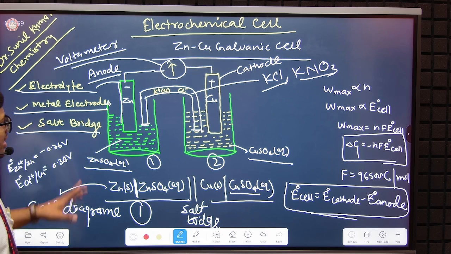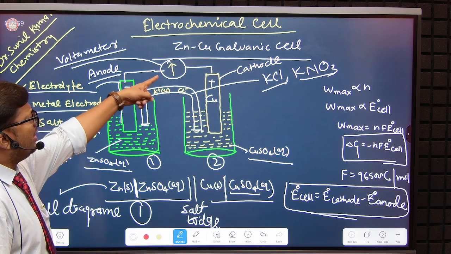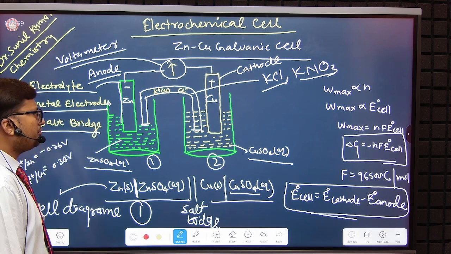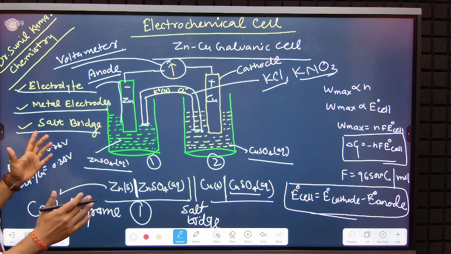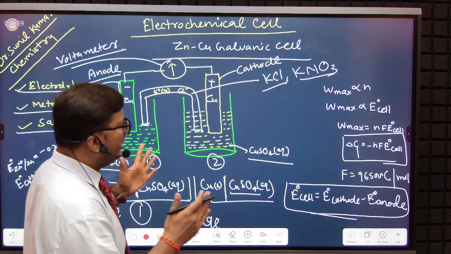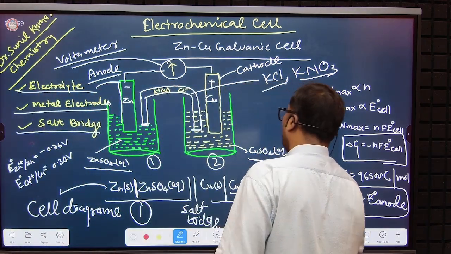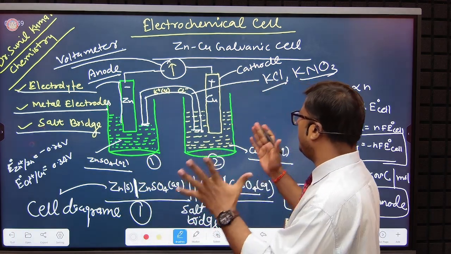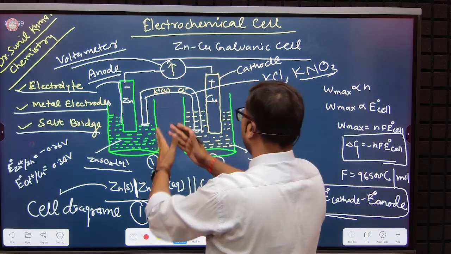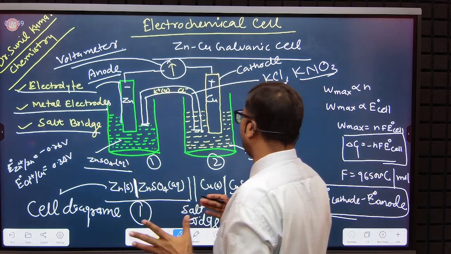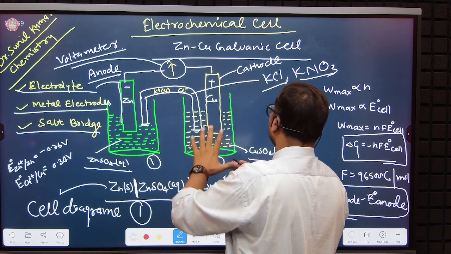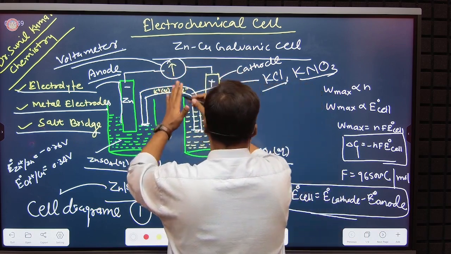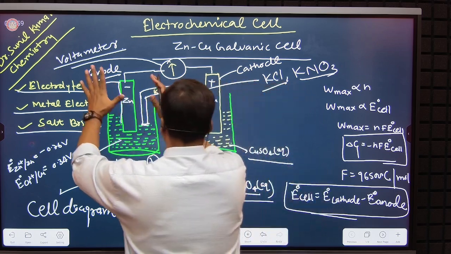Now what happens if this is connected by a voltmeter? Then spontaneously a potential difference is created in this particular setup, and the potential difference is due to this, which is for the cathode component, and this is for the anode component.